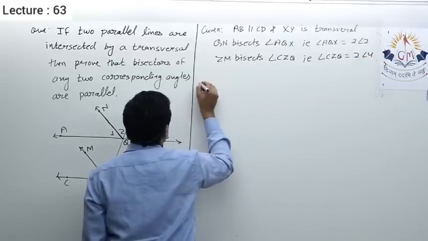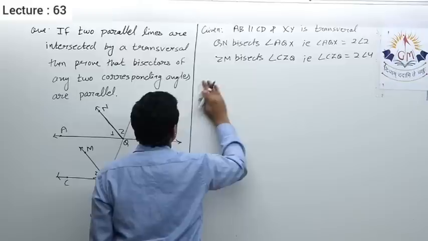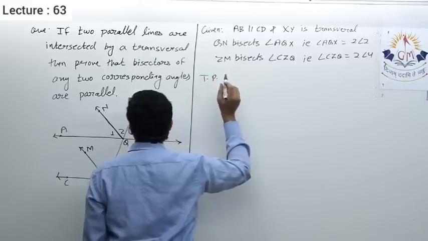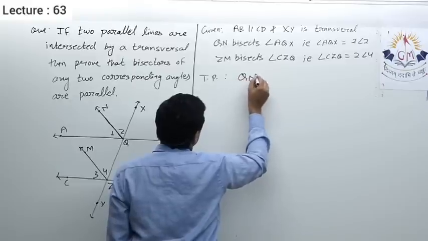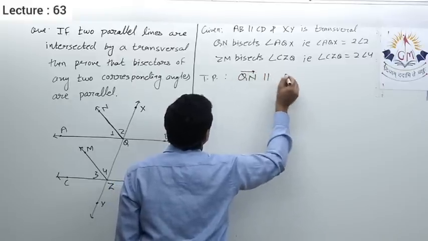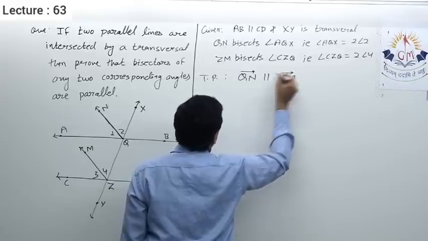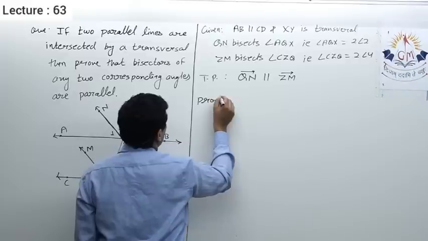That is given. Now what we have to prove is that QN is parallel to ZM. Let us see how to prove it.